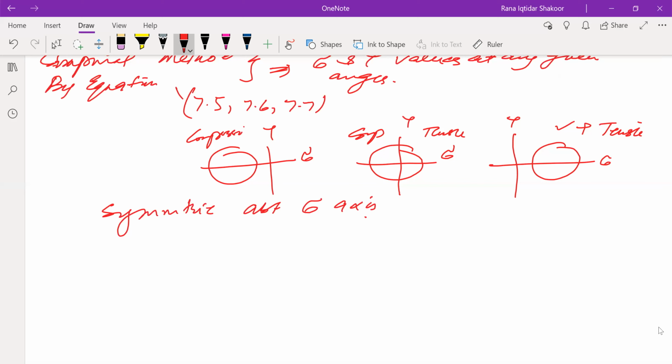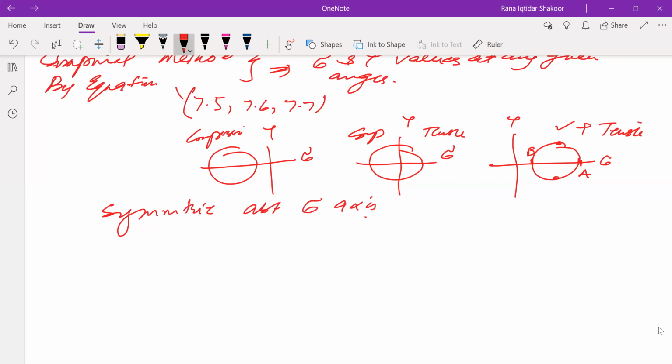In this case, this is A and this is B, so A will always be the maximum and B will always be the minimum value for the sigmas, and tau xy at these points will always be maximum.